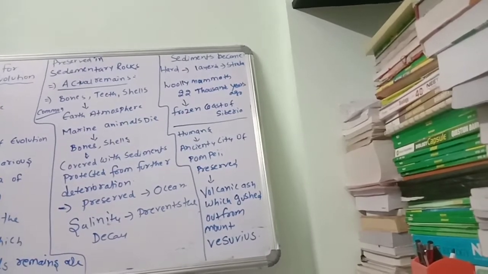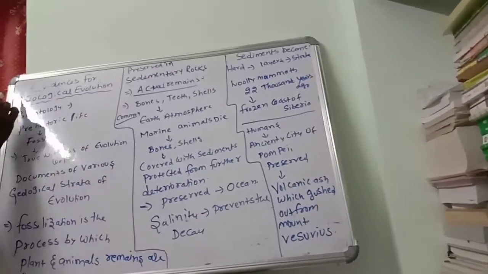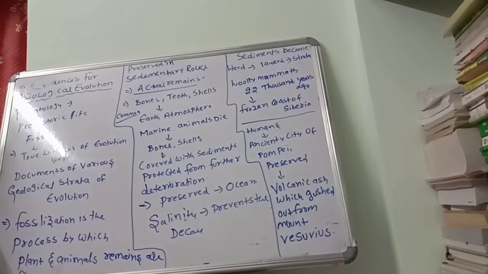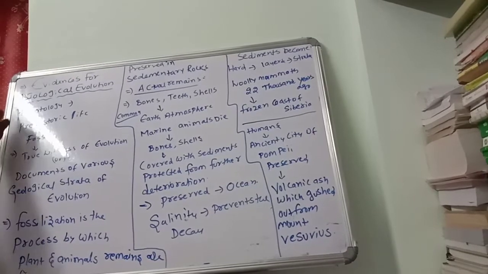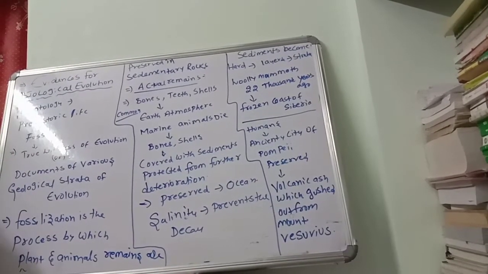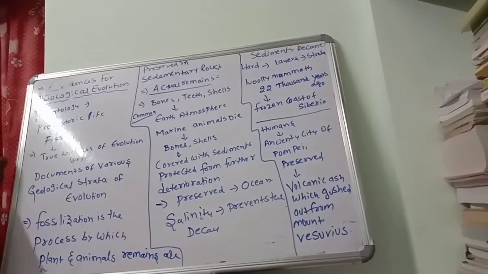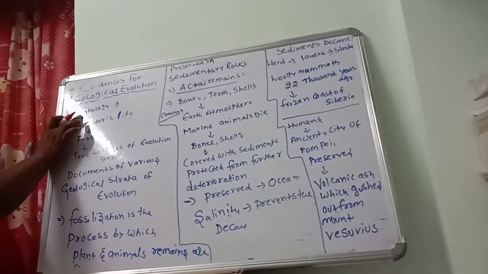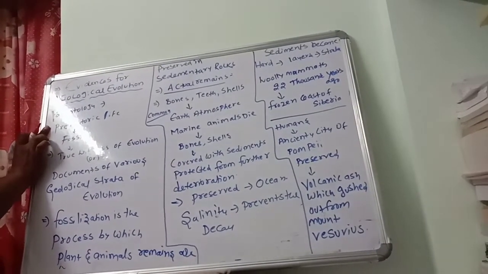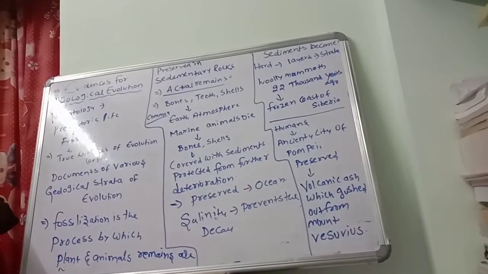So what we are discussing is the first concept, evidences for biological evolution. First we discussed paleontology. What is paleontology? The study of fossils, or the study of prehistoric life through fossils, is called paleontology.